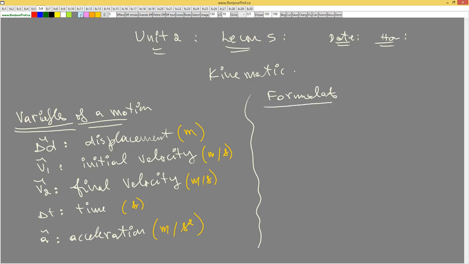The first formula is delta D equals V1 delta T plus a half A delta T squared.